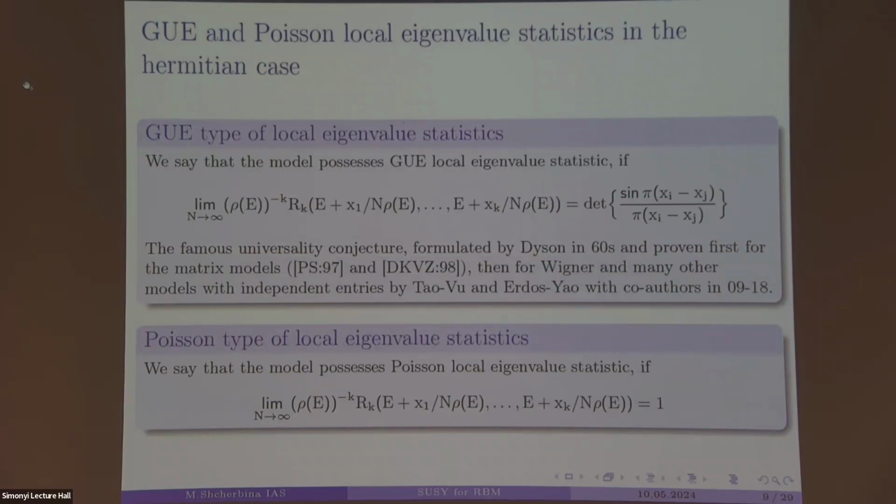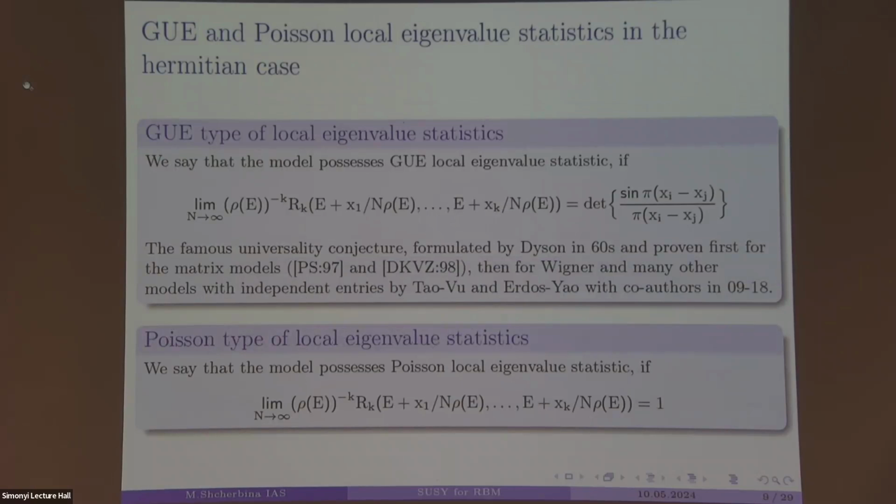And okay, just the definition for GUE statistics, for the Gaussian unitary or Wigner model. It is known that this limit exists and it's the determinant of the sine kernel.